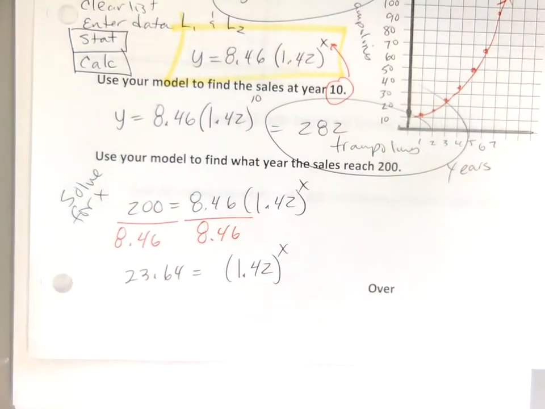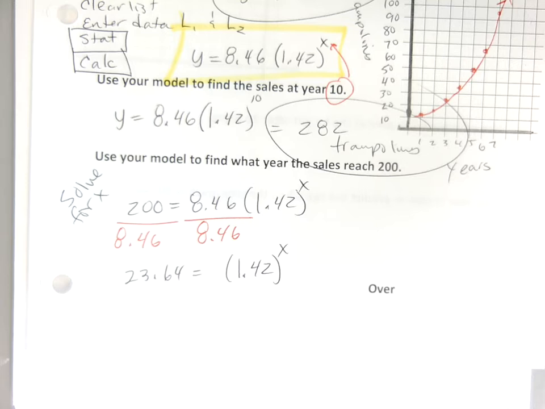Now you know how to do this next step. It just looks weird, but you know how. We've done this. We are going to change this into a logarithm and use our special logarithm button, right?